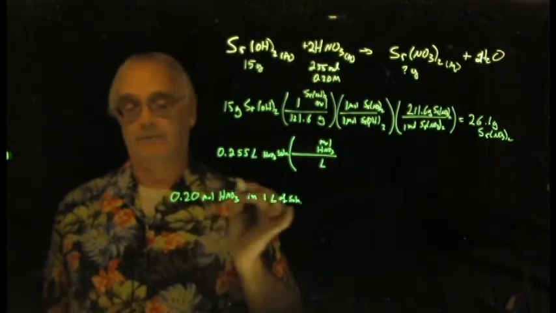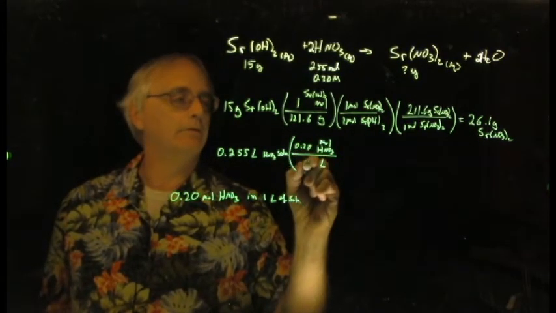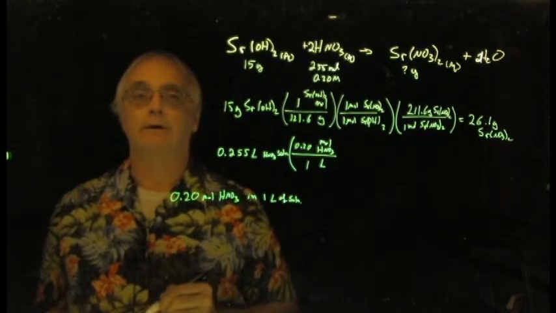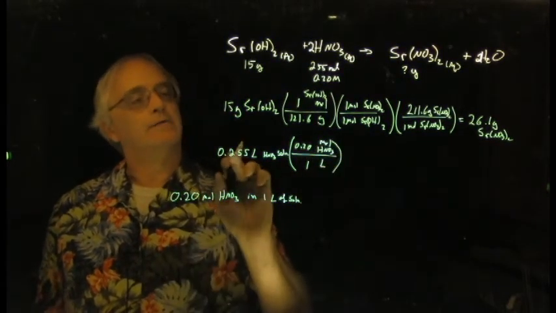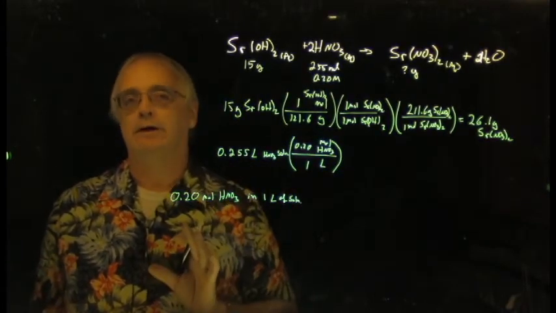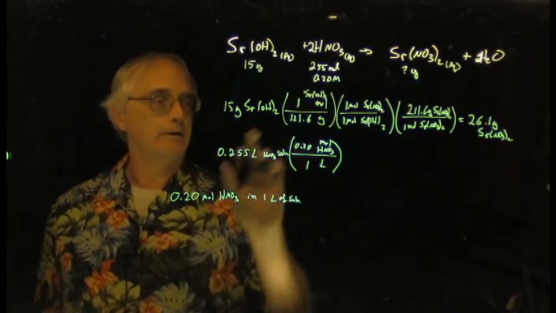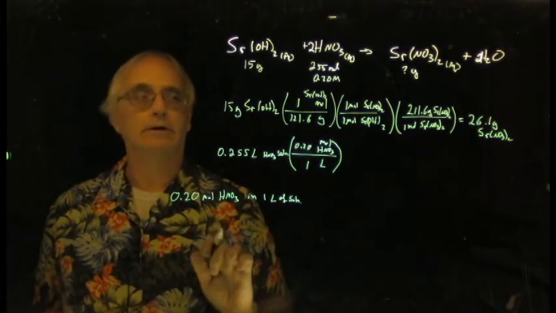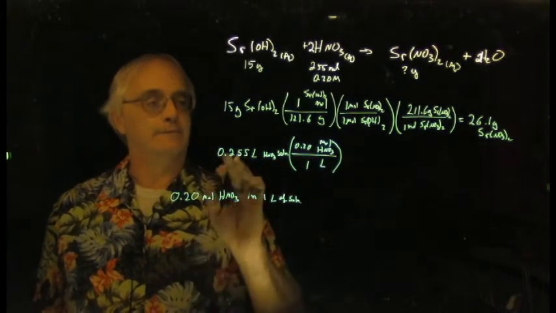And by definition of molarity, it's 0.20 moles of nitric acid for every 1 liter. There. That is how I turn volume into moles. Because remember, the first step of a stoichiometry problem is turn whatever you're given into moles. Okay? You could use molecular weight with grams, use molarity with volumes.